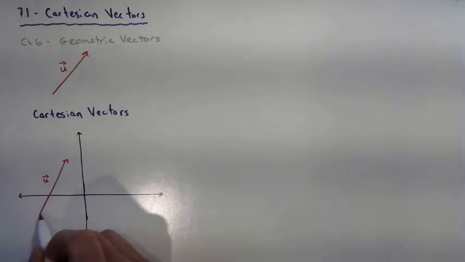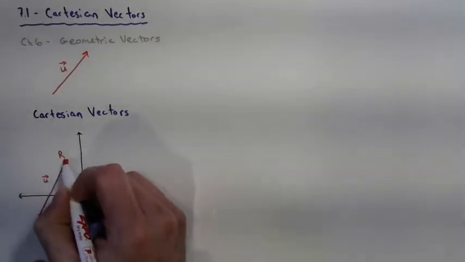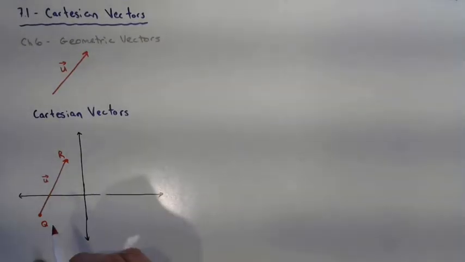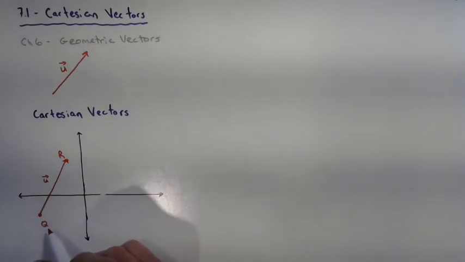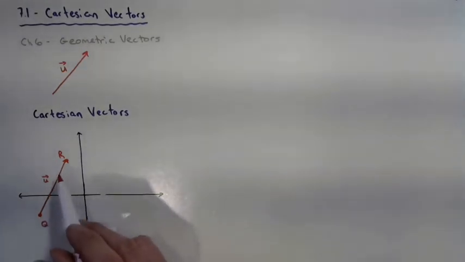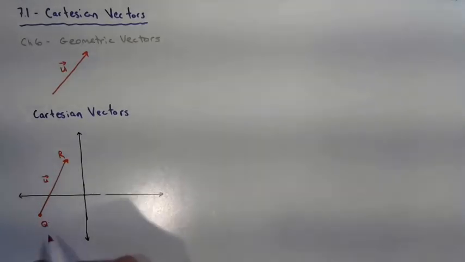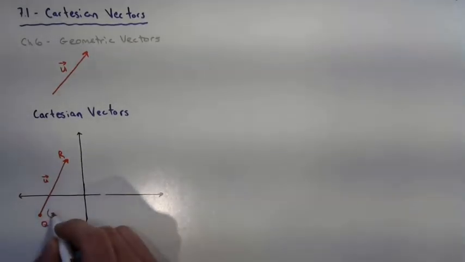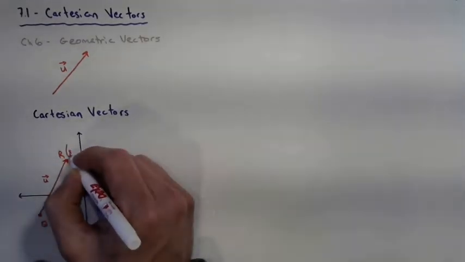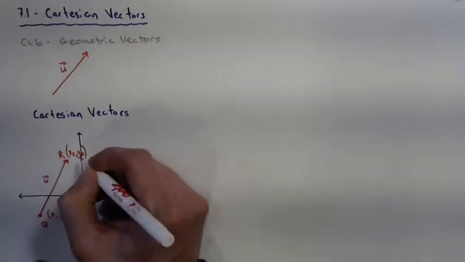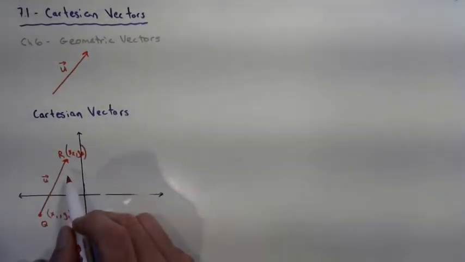It has a tail at Q and a head at R. Now the vector QR is a Cartesian vector because its endpoints, Q and R, can be defined using a coordinate pair. Q is somewhere here, (x1, y1), and R is somewhere here, (x2, y2). Their position can be described using coordinates. That makes this a Cartesian vector.